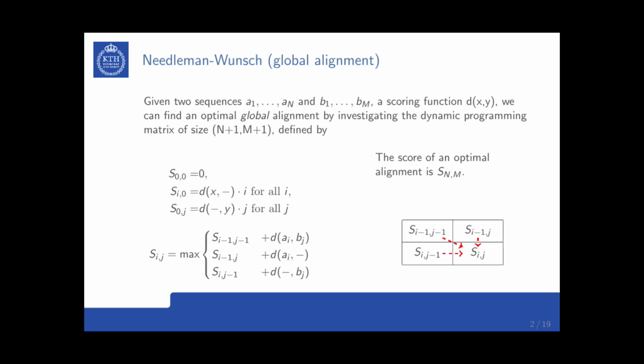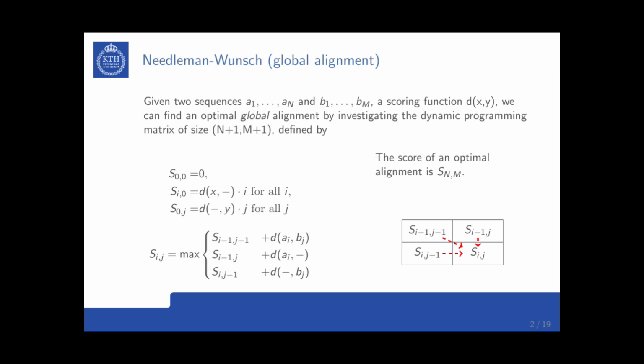What's probably a little bit harder to get is the subsequent part where we define the problem as a recursion. This is where we say that each element S_ij is a function of the previous positions in the matrix. Firstly, you have the option of going diagonally in this matrix.